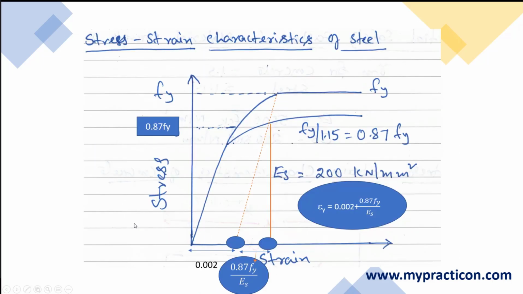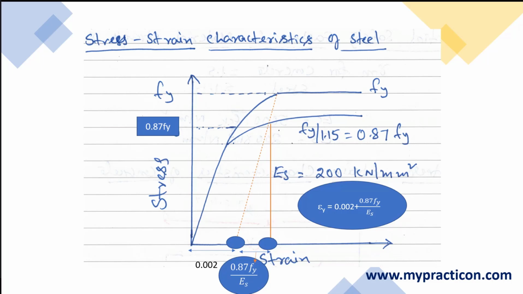Whereas for HYSD bars, there is no specified yield point, as shown in the picture. The code and experimental results state that the yield point corresponds to 0.002 of the proof strain.